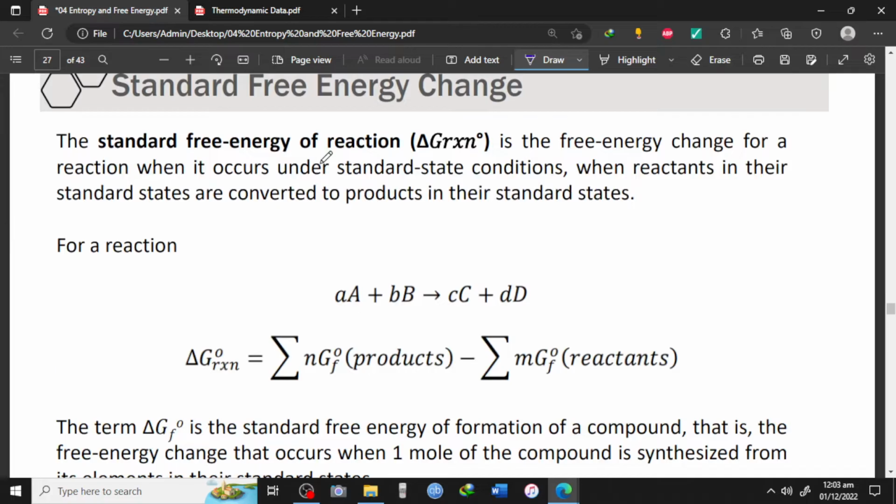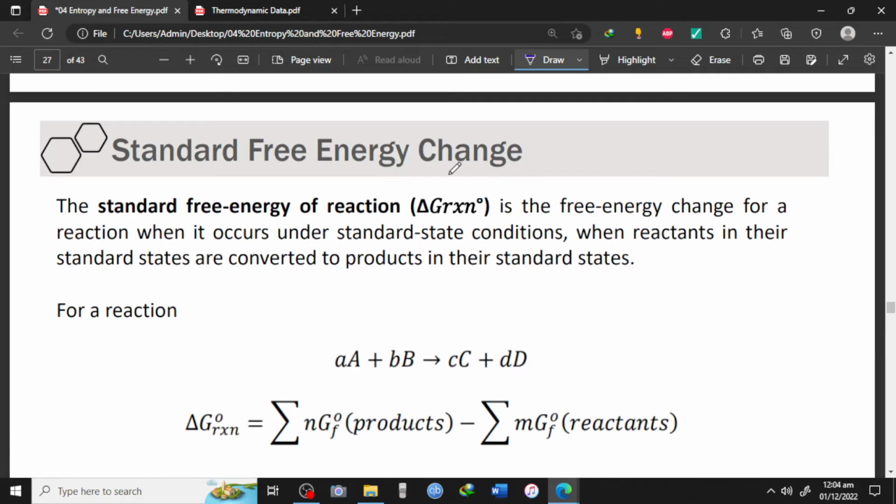Okay? Moving forward, let's go here. Standard free energy change. Something very familiar to you already. We have done this twice, right? We did it for enthalpy, and then for entropy.